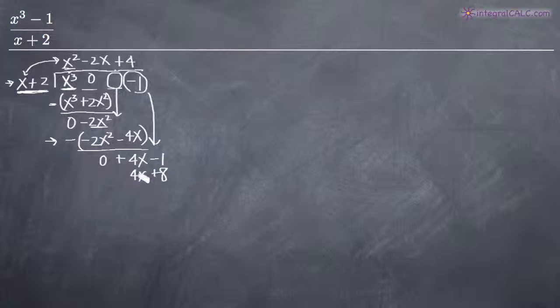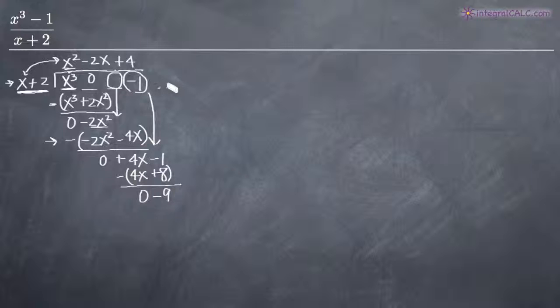So getting 4x plus 8, we'll draw our parentheses and subtract. 4x minus 4x gives us a 0, that cancels, and then we get negative 1 minus 8 gives us a negative 9, right? And now we can't go any further.